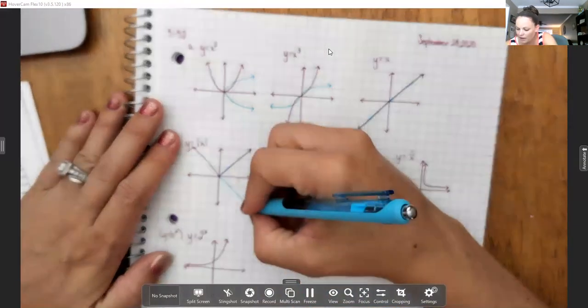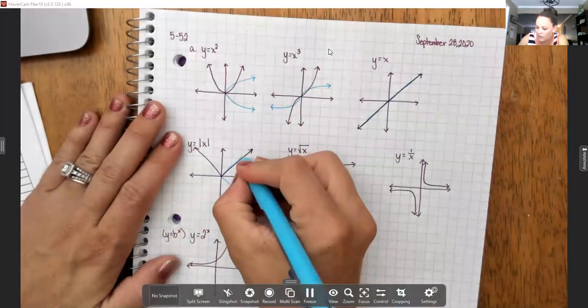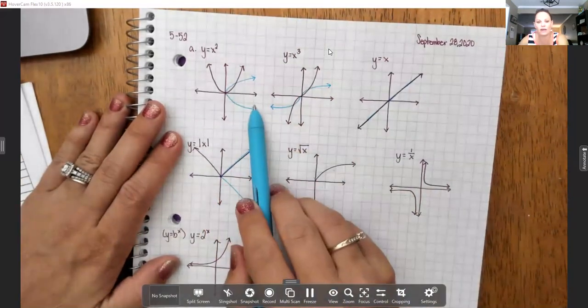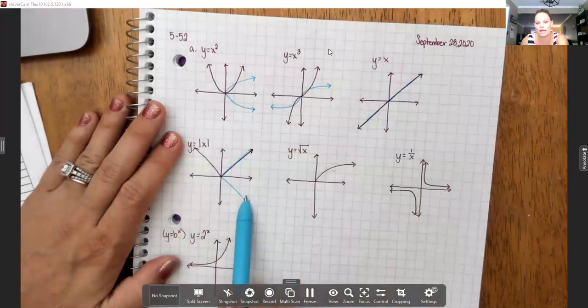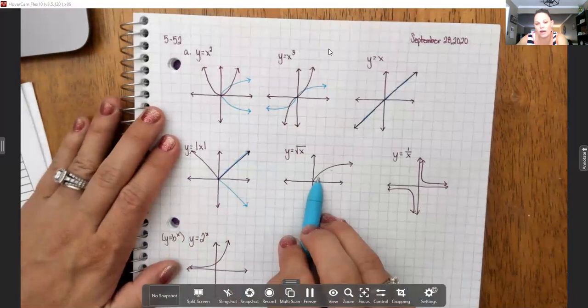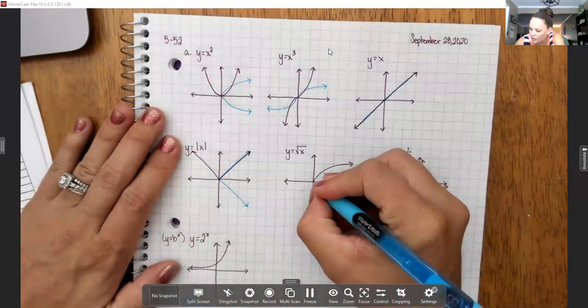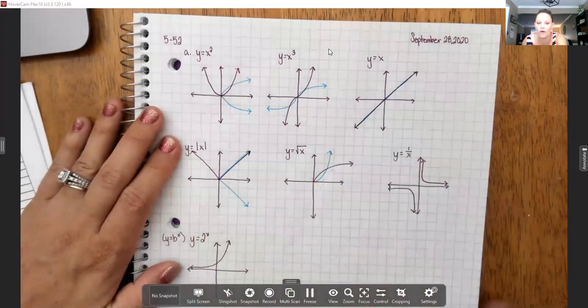For the absolute value, the inverse is going to be sideways, just how it is for a parabola. It's sideways here. If this right here, the square root, is half of the sleeping parabola, the inverse ends up being half of a regular parabola.